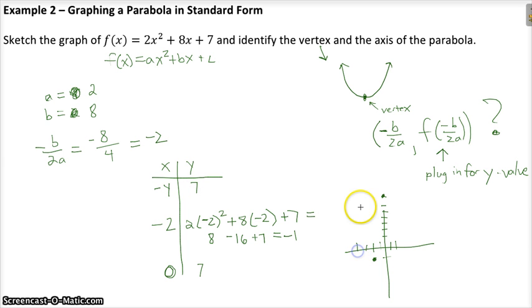So there's a property of symmetry about this vertex. And this is called the axis of symmetry.